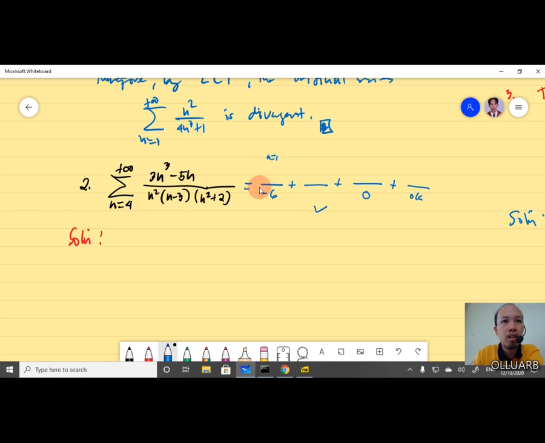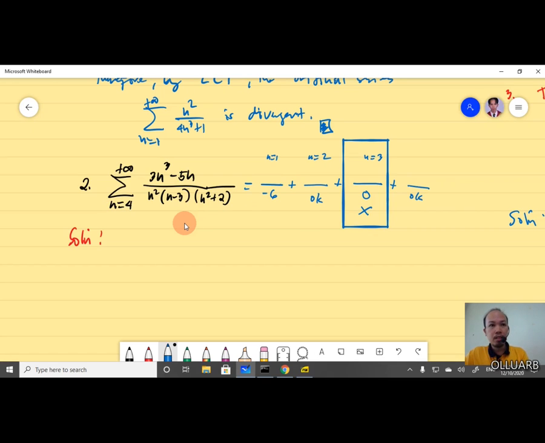So we will start our n at 4. Anyway, if ever there is a 0 in the denominator, then the series automatically becomes undefined.